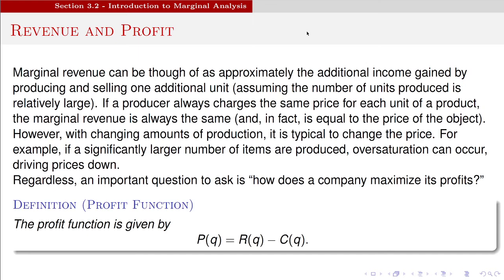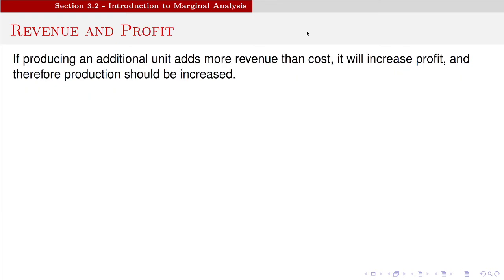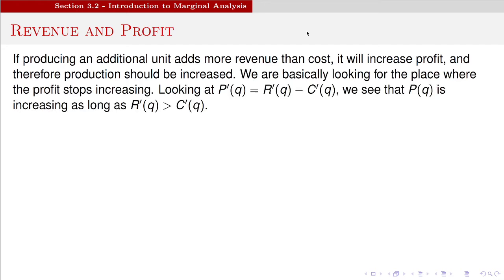Well, if producing additional units adds more revenue than cost, it'll increase profit. So we want to do that. In terms of derivatives, the derivative of the profit function is going to be marginal revenue minus marginal cost, because profit is just revenue minus cost.